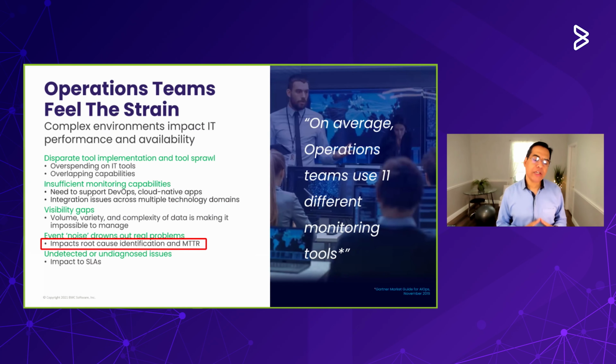Operations teams are burdened with multiple issues. Tool sprawl is really the ability to cope with the volume of data and complexity. More monitoring tools are invested in, and at a certain level it becomes inefficient.